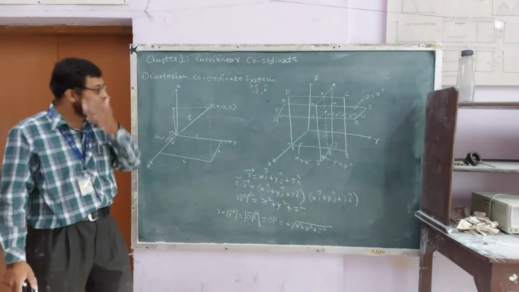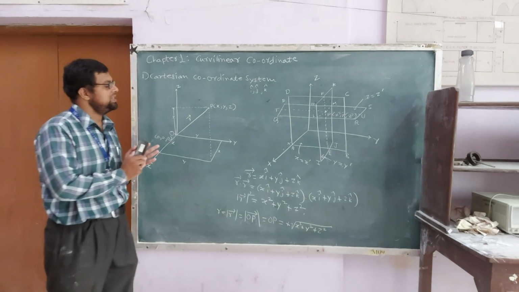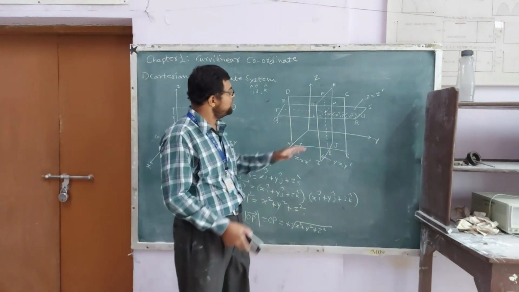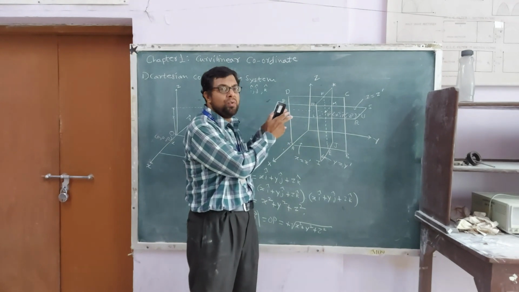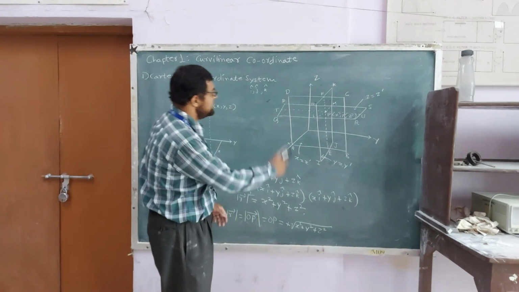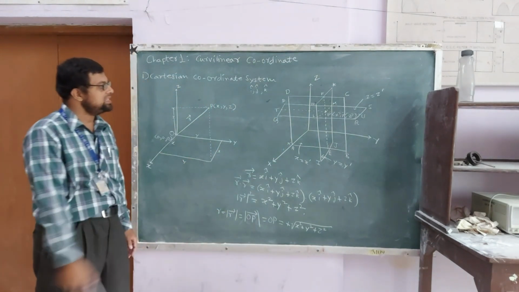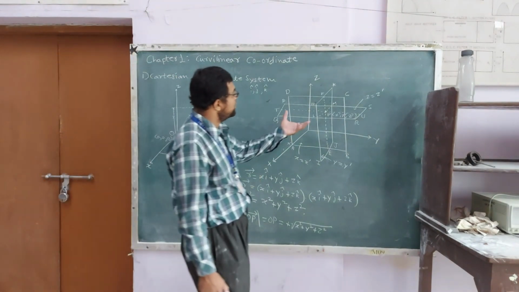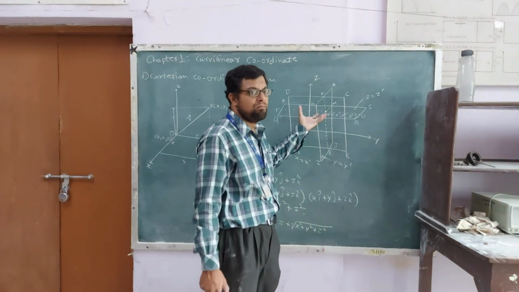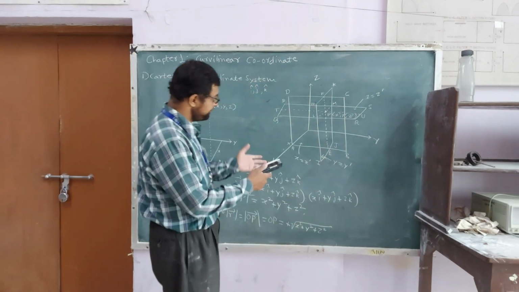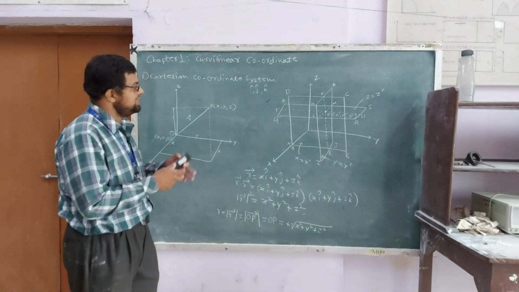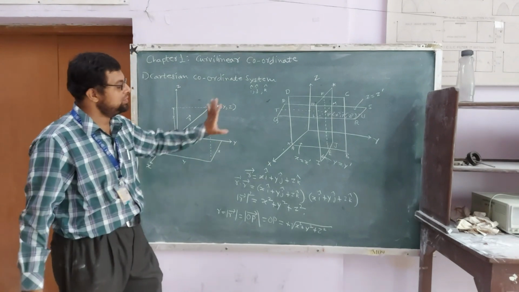So therefore to have a point in three-dimensional space, we should have what? Three surfaces cutting each other at a particular point. We will see this with the help of software in our later discussion, so that we can visualize it in a much better way. But here again you have to visualize it to understand what we are going to say here.